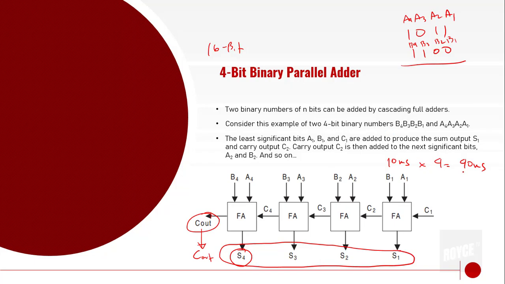Now, for us, maybe 40 milliseconds is very fast. But remember that today in our digital circuits, our computers are running in octa-core, 2.5 GHz, 2.6 GHz, 2.7.